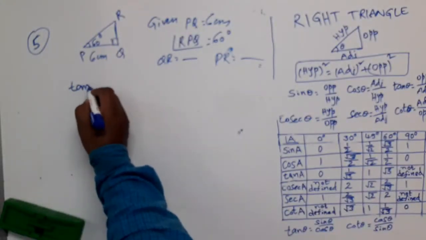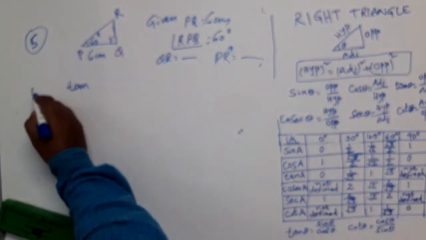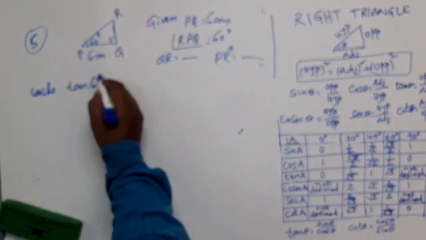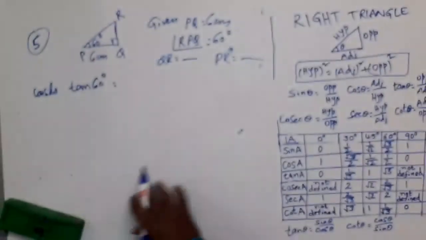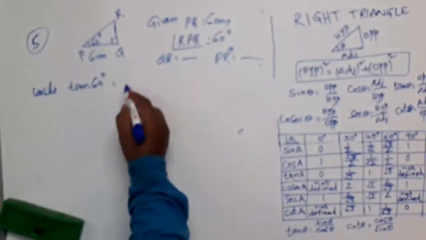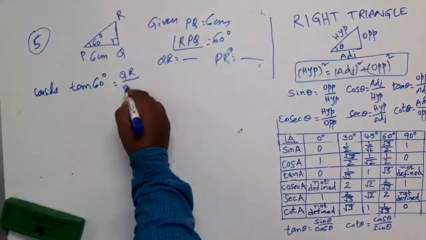I will consider tan of 60 degrees. What is the formula? Opposite side by adjacent side. For this, opposite is QR divided by adjacent is PQ. Let us simplify further.